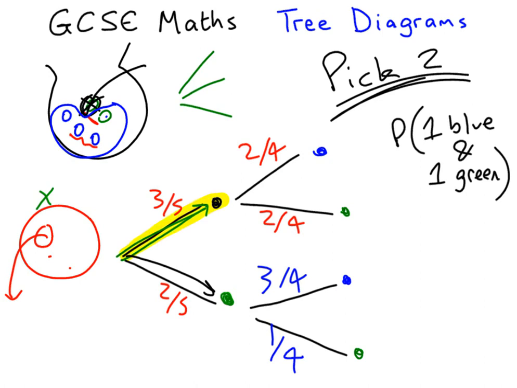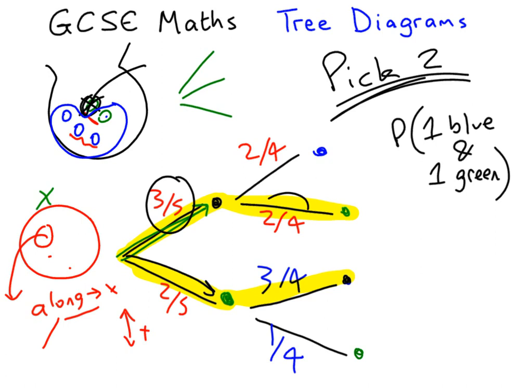You can go down getting a blue and then a green. Okay, or you can go down getting a green and then a blue. Notice I said the word or. Little trick for you. Along the lines, you're going to multiply. And at the end, going down, you're going to add. Anyway, as we said, blue and green.